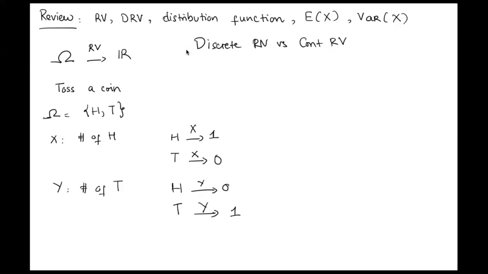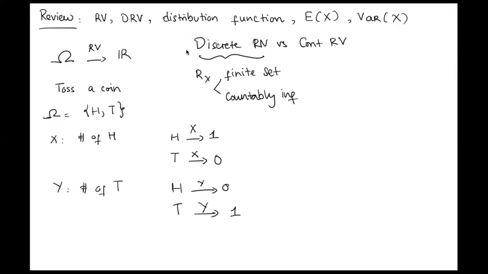It depends on what values the random variable can output. So for a discrete random variable, the range of the random variable, I call it Rx, is either a finite set, or it has to be countably infinite.